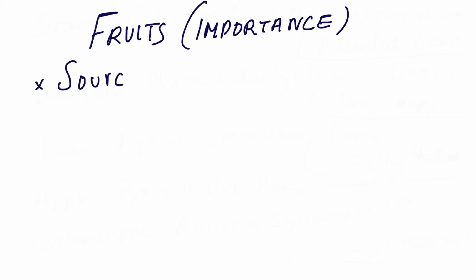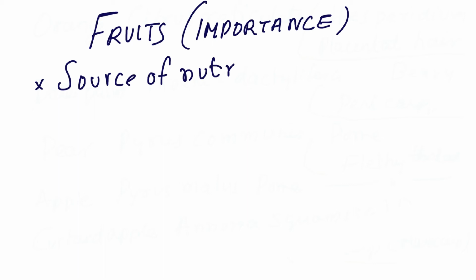So summing up the discussion about fruits in this particular video series, how are fruits of importance to humans? What is the importance of fruits? From a human perspective, one of the key importances is, of course, dealing with nutrition.